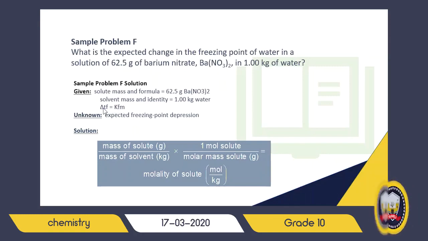So to calculate delta Tf, we only need to calculate the molality, and we know that it is equal to the number of moles of solute over the mass of solvent in kilograms. But as we have the mass of the solute in grams, first we need to convert the grams into moles using this formula: mass of solute in grams multiplied by 1 mole of solute over the molar mass of solute.